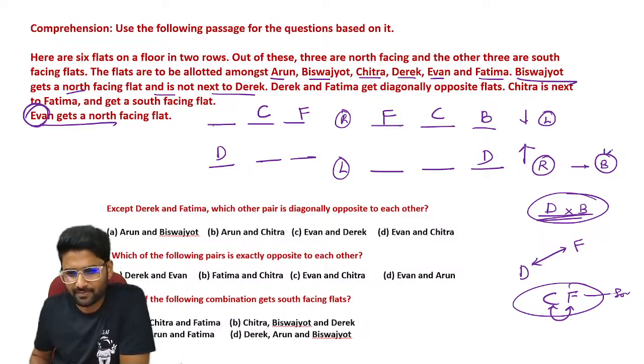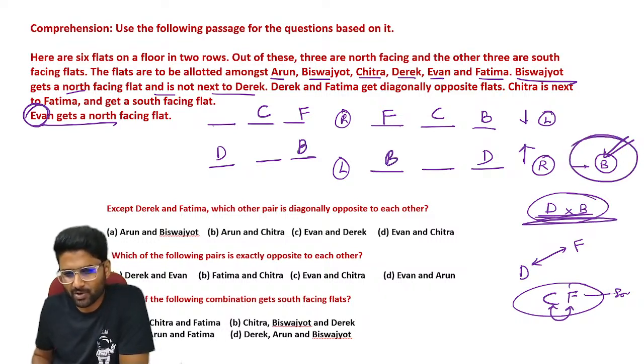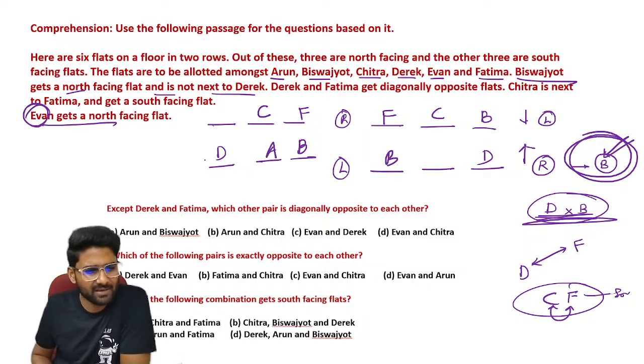This is the point we have already, and D and B are not next to each other. Yes, we can fix that. This is B. I missed this point, guys. And they mentioned that A also gets north facing flat. So we have one person left. Yes, our previous arrangement is right. Sorry, guys. Let's check with the question.